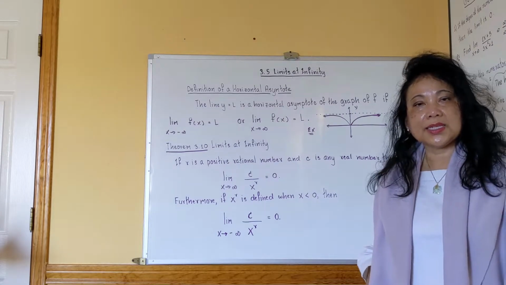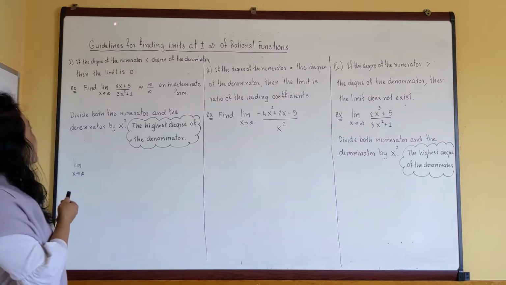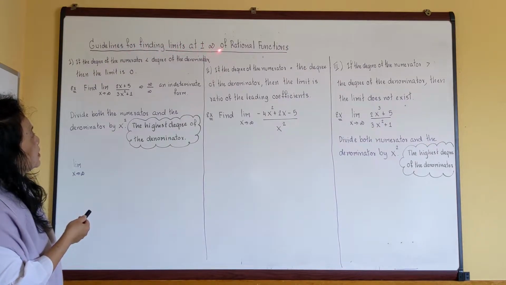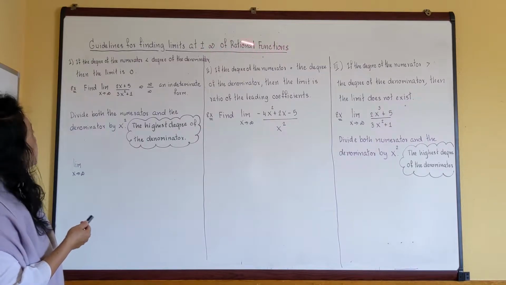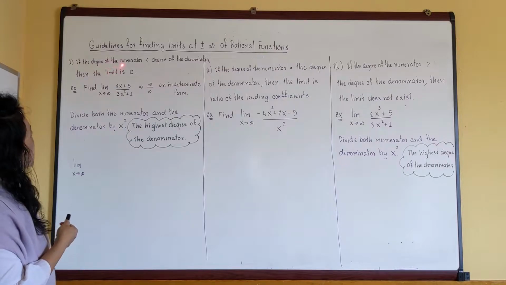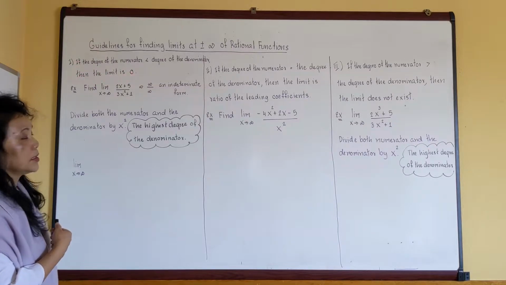Let's take a look at the next definition. Alright, guidelines for finding the limit as x goes to plus or minus infinity of a rational function. The first one: if the degree of the numerator is less than the degree of the denominator, then the limit is 0.